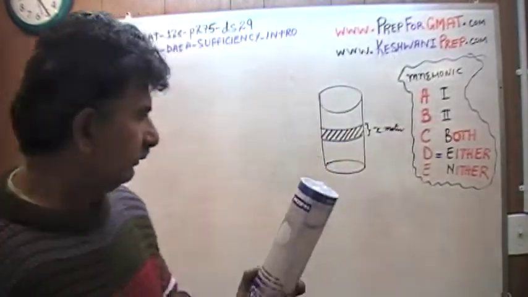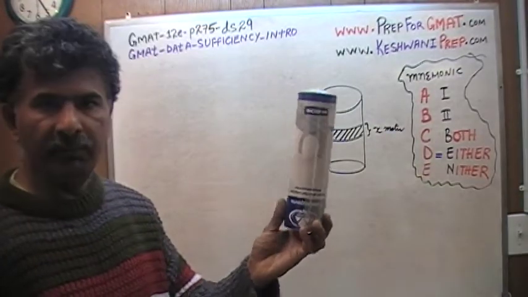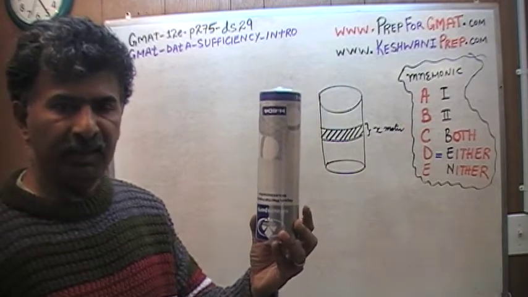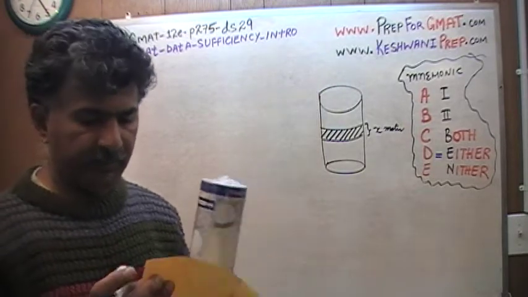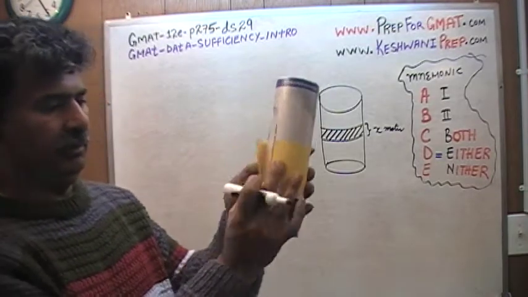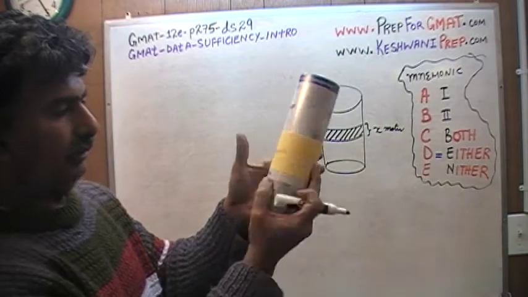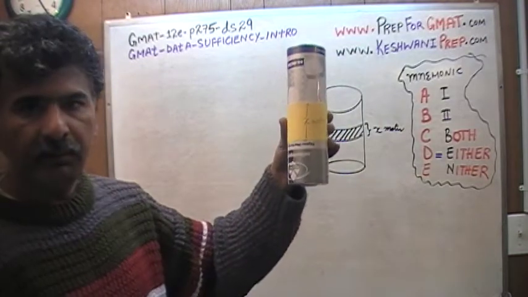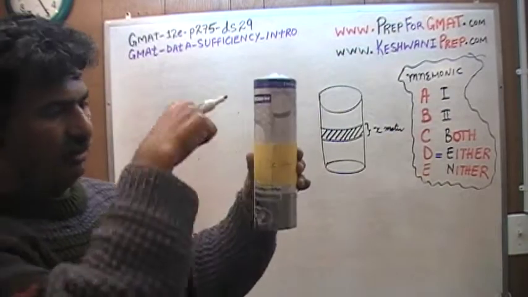Don't be startled, all of a sudden magically a cylinder appeared here, on which I'm going to paint a band. Right here is my band. I'm going to paint it all the way around, and this band is X meter high. The question is, what is the surface area of this band?